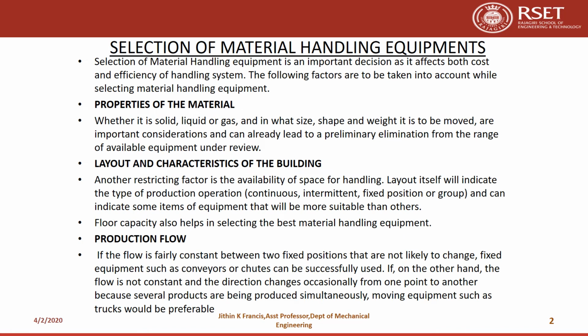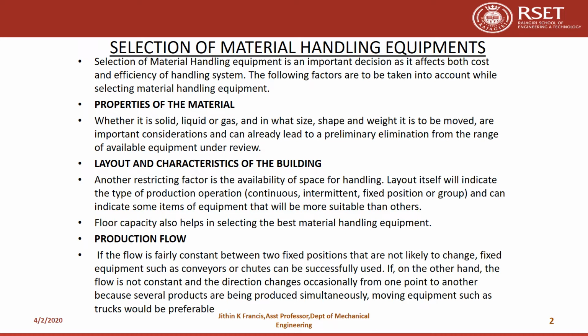Now let us see how to select material handling equipment. There are a few factors to consider. The first and foremost factor is the properties of the material. We have to see what kind of material is to be transported before selecting a material handling system.